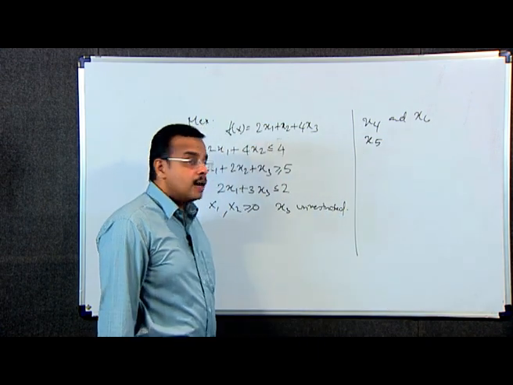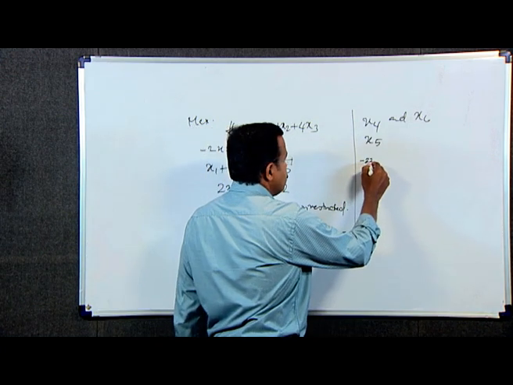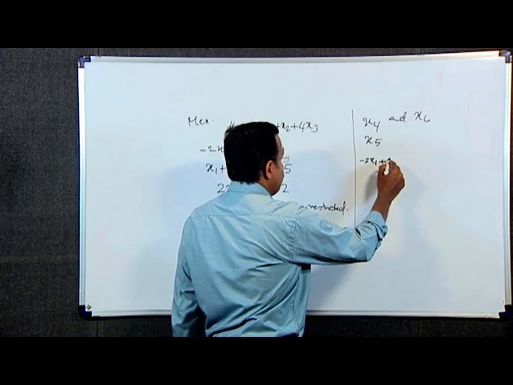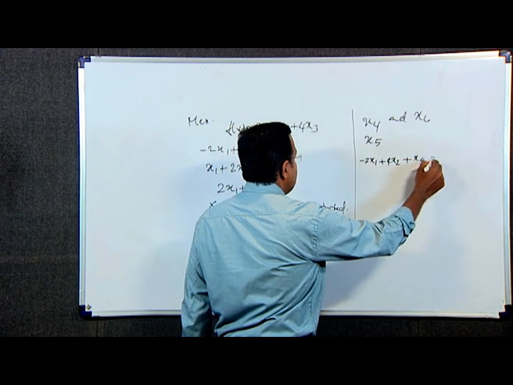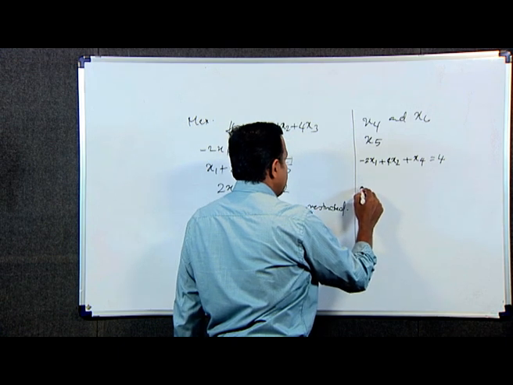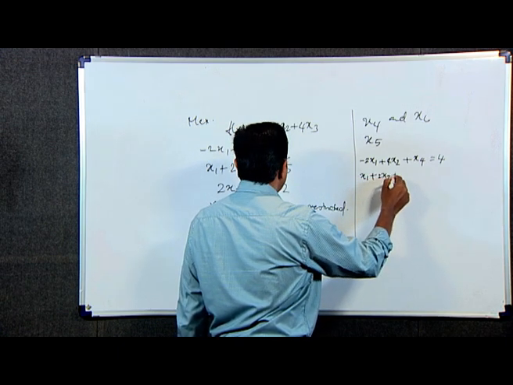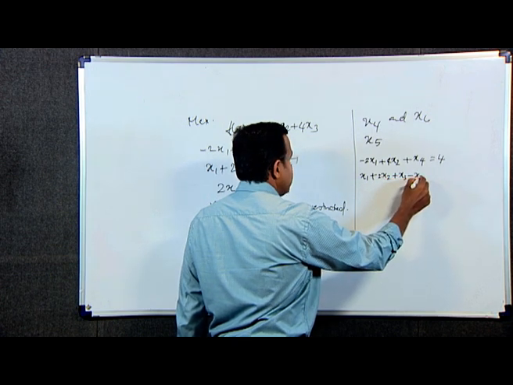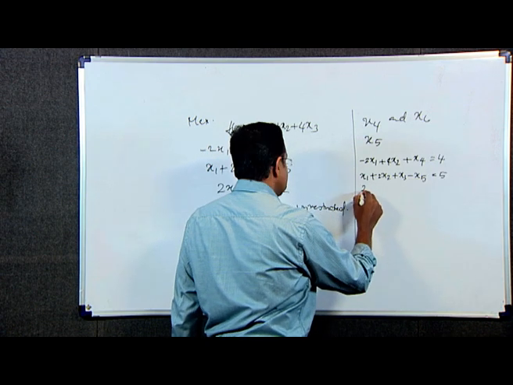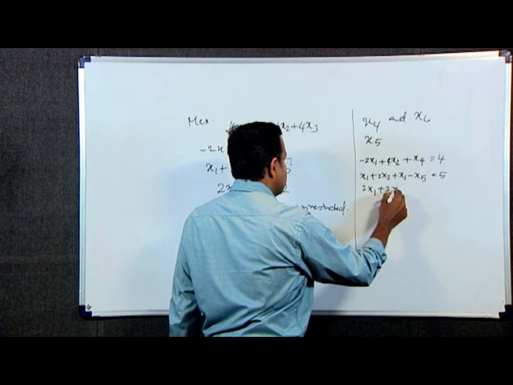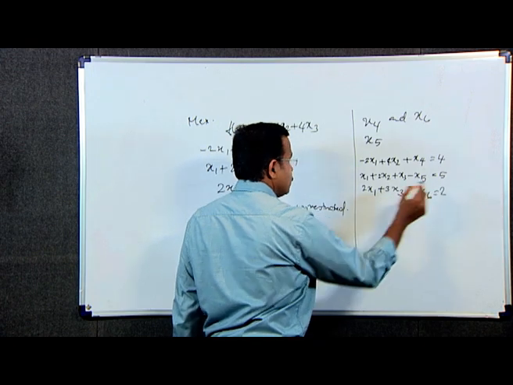Now the constraints are changed into equations: the first one is minus 2x1 plus 4x2 plus x4 equal to 4, the second is x1 plus 2x2 plus x3 minus x5 equal to 5, and the third is 2x1 plus 3x3 plus x6 equal to 2.